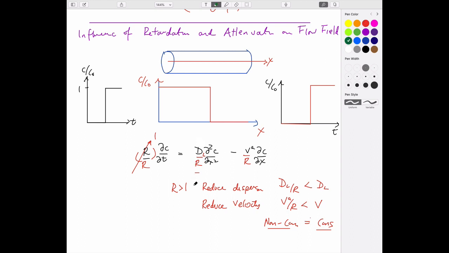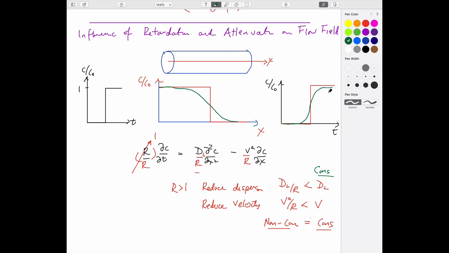So what does that mean in terms of reducing dispersion? Well, it's difficult to draw on this, but I suppose this would be advection only. If we had a conservative, so if we do conservative as green, then conservative, I suppose, would look like this, and it would look like this, right?